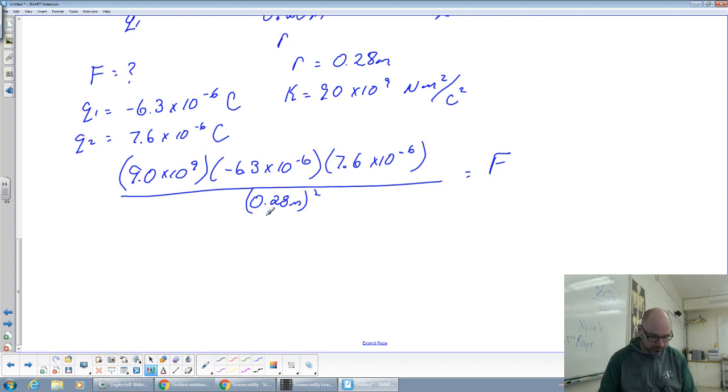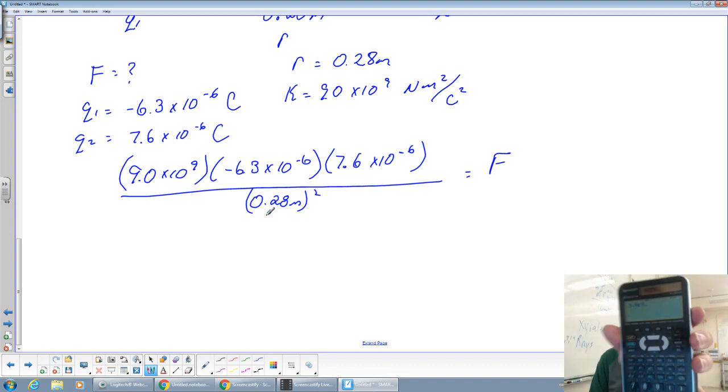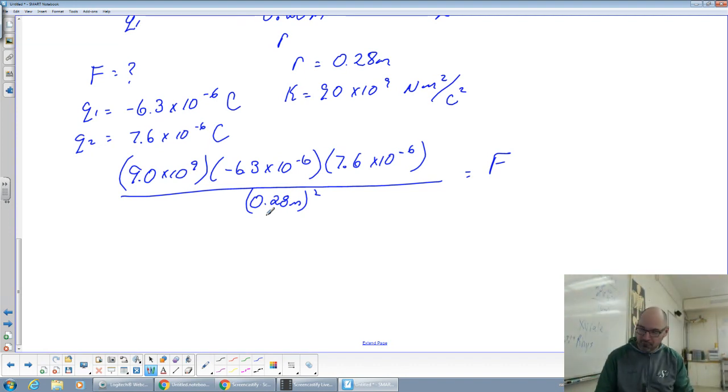Okay, so 9.0 scientific notation 9, so it looks like that on my calculator, times, and I'm not going to even bother with the negative sign, 6.3 scientific notation negative 6 times 7.6 scientific notation negative 6.